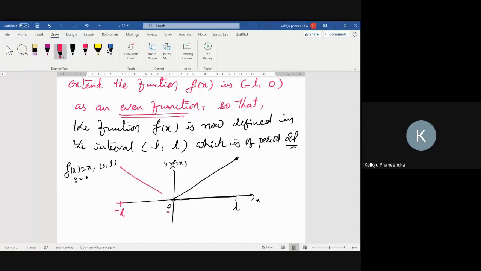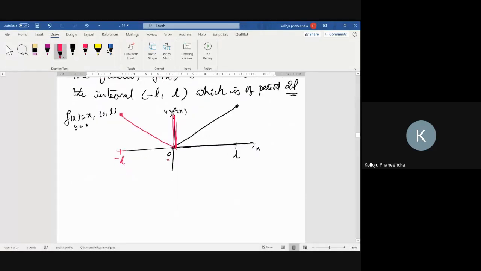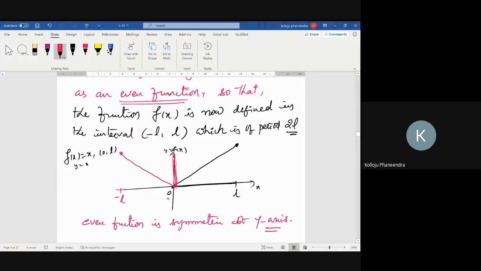The same function y equal to x is extended in the interval minus L to 0 as an even function. That means this is the symmetric line. So its image behaves here as an even function, and clearly an even function is symmetric about the y-axis. That is why its shape is here like this.